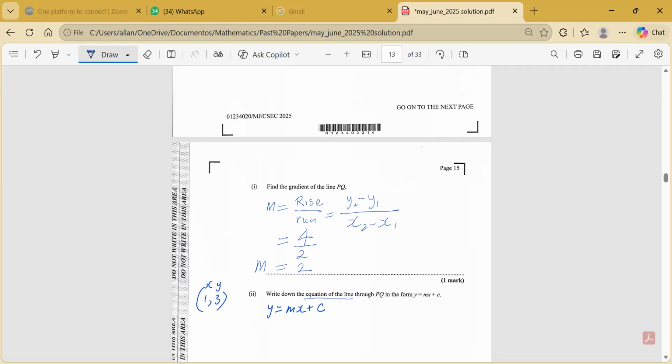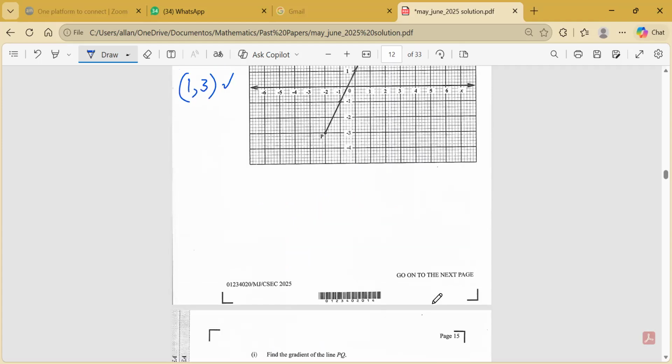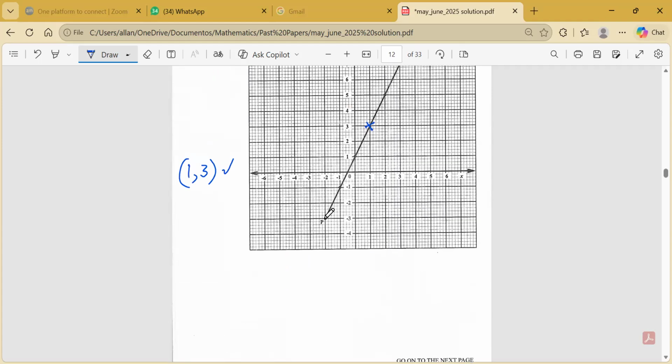You could have used -1 and -1, could have used 0 and 1. Different points. That's good, that's correct. So you could use any point on your line.